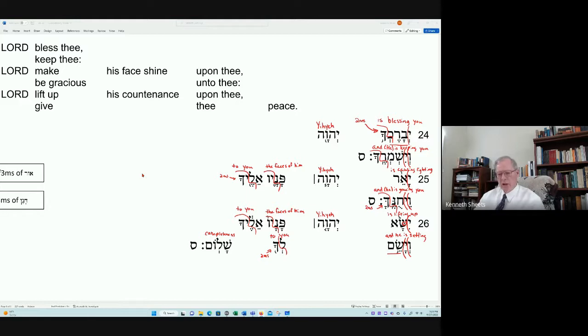And so he's saying this is what will happen to Canaan, but he's not saying this is what must happen to Canaan. This is what will happen. And the only way out of that situation would be if Canaan says, oh God, I have been wrong.